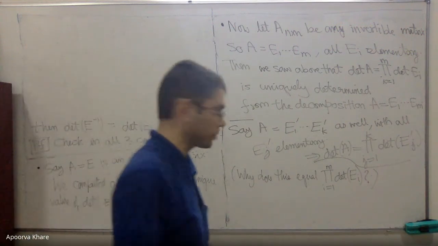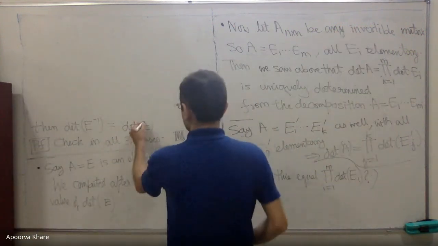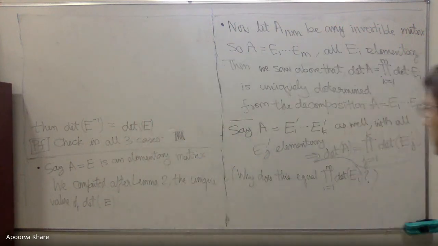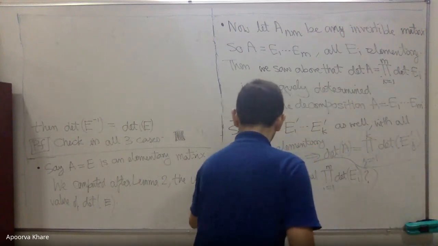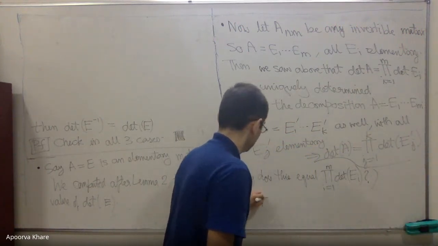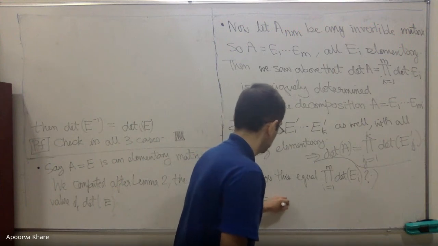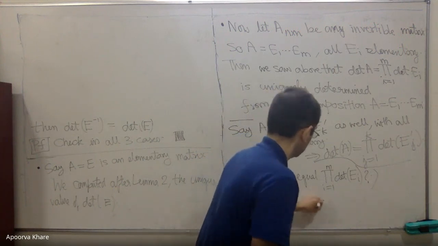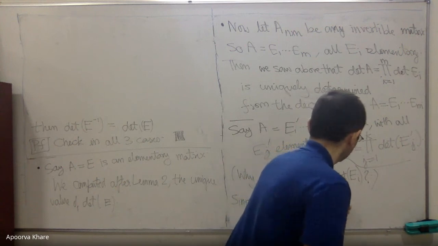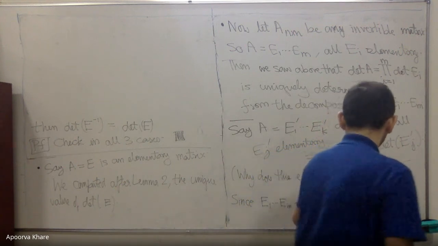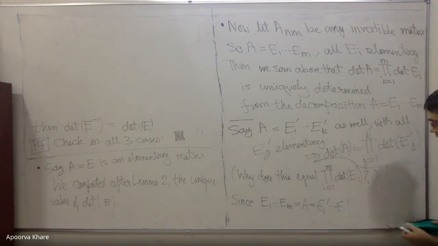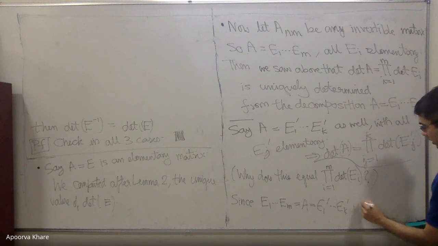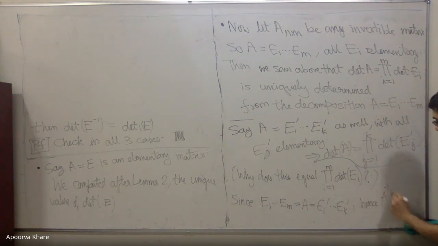I will need this, so probably I should keep it. Okay. Because A is equal to these two things, E1 through EM equals A equals E1 prime through EK prime. Very good. Hence A inverse A equals identity.